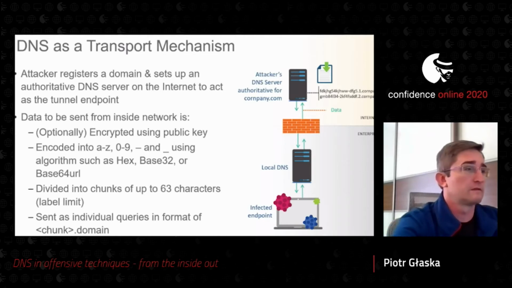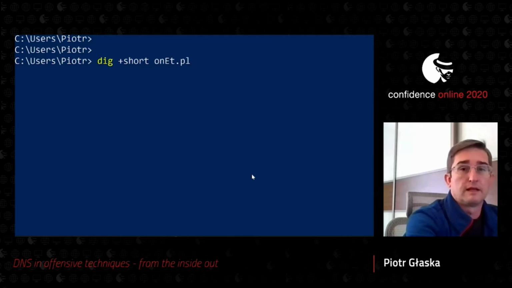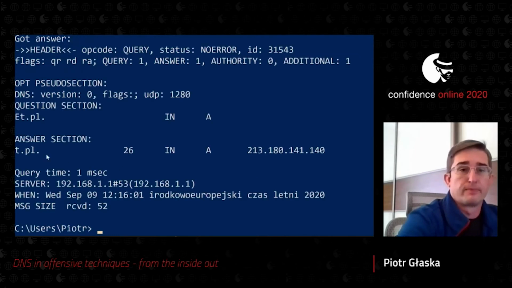When you send a query, let's actually do that. When we ask about, let's say, this one, without short, because we won't see it, then you can see that this name server, which I'm using, still has the same case, right?